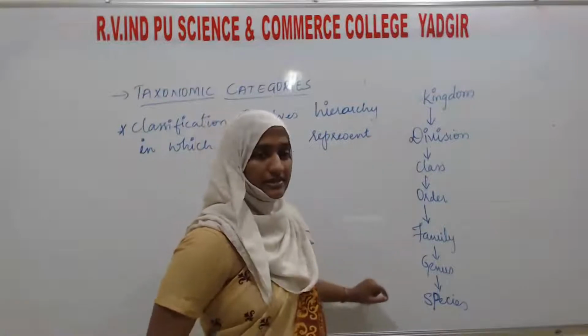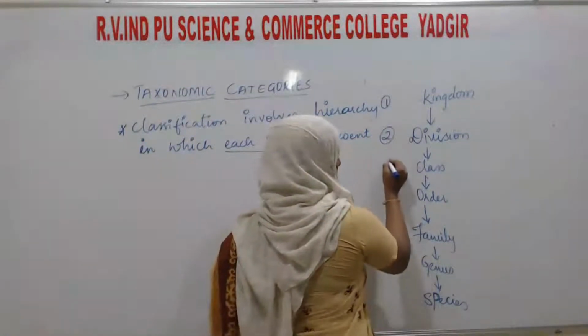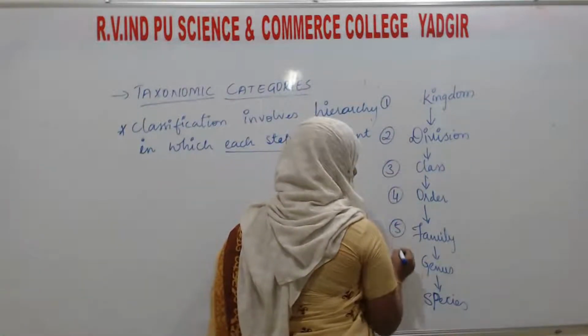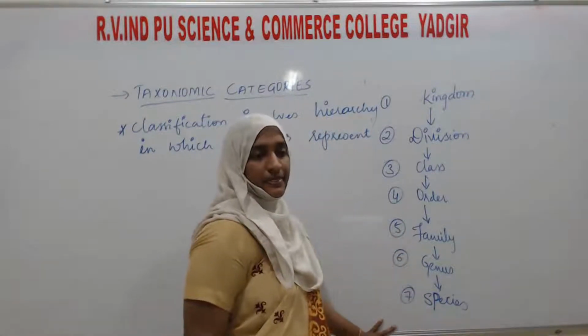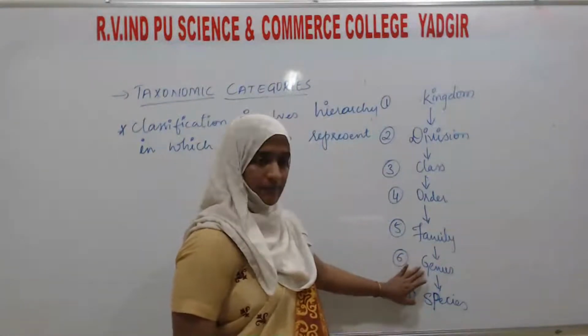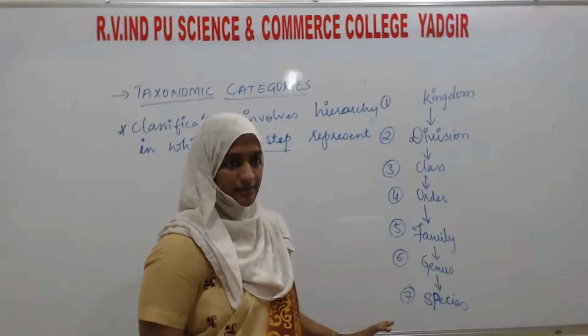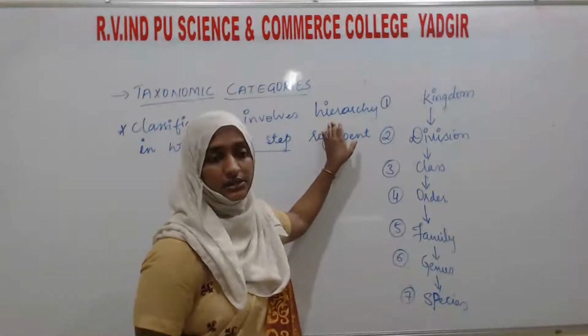Each step you can see. The first one is the kingdom, second is the division, third is the class, fourth order, fifth family, sixth genus, and seventh species. Each step represents a rank or category, and this arrangement we can call the hierarchy.